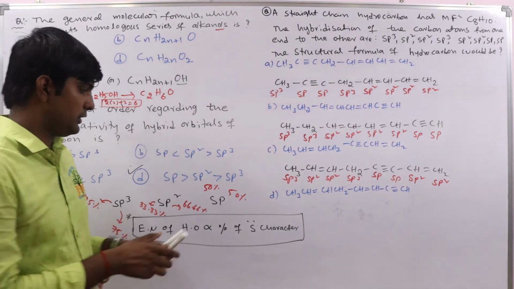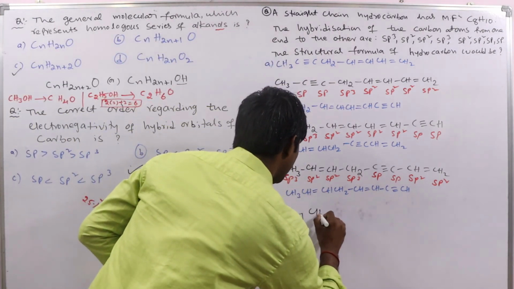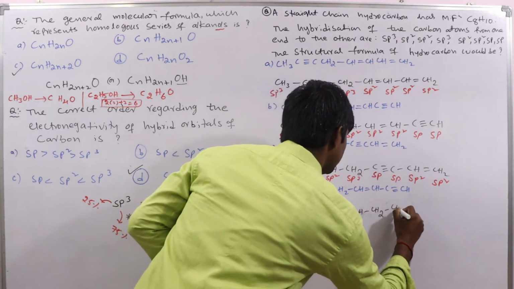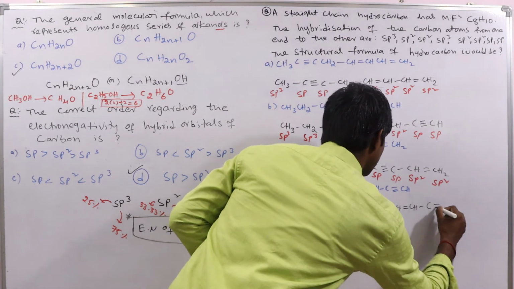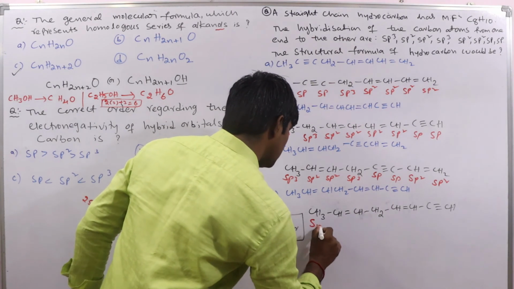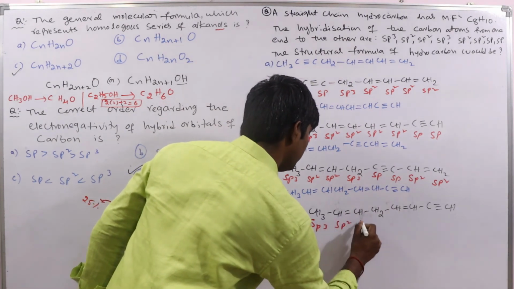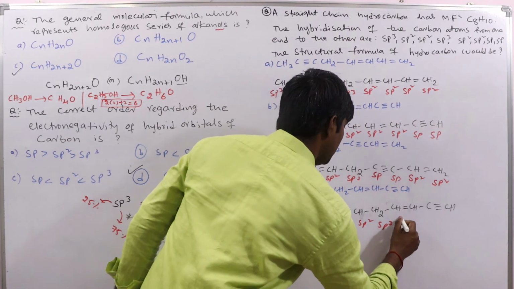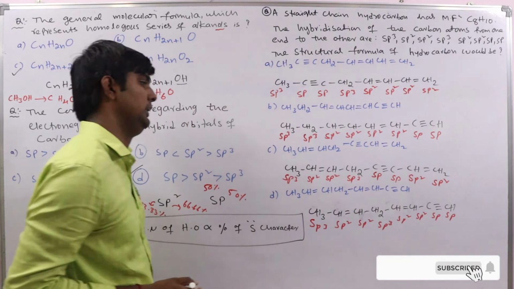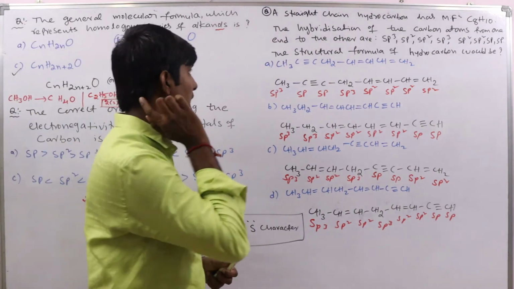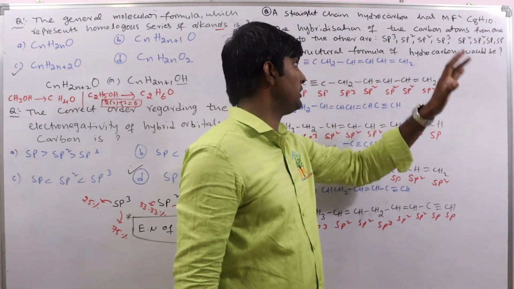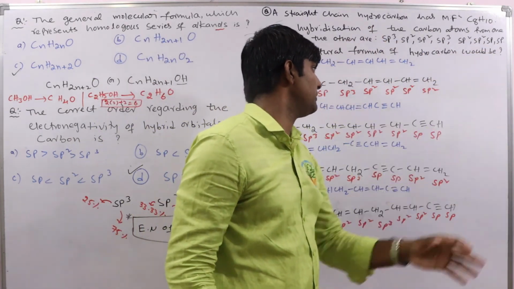Next, the last one: CH3, CH double bond CH, CH2, CH double bond CH, C triple bond CH. Here the hybridizations are sp3, sp2, sp2, sp3, sp2, sp2, sp and sp.